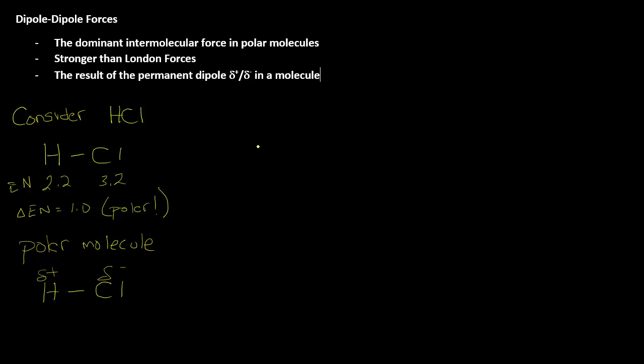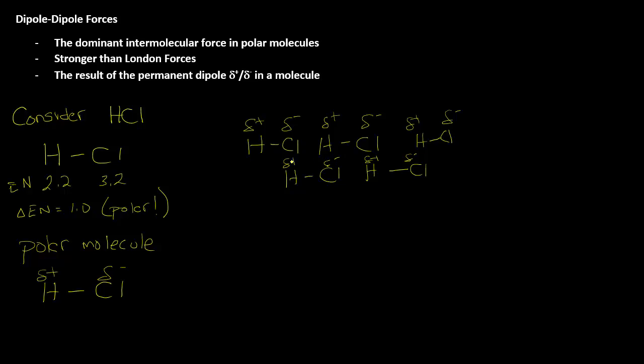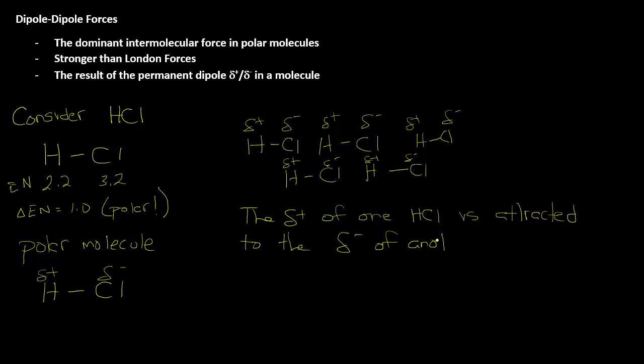I can put the delta positive, delta negative partial charges in, but what I'm really going to do is look at what happens when a bunch of HCl molecules get together. The positive end of one molecule is attracted to the negative end of the other, and so on and so forth. As a result, HCl molecules are held together much more strongly than H2 molecules were. Again, I could look at this in terms of the boiling point.